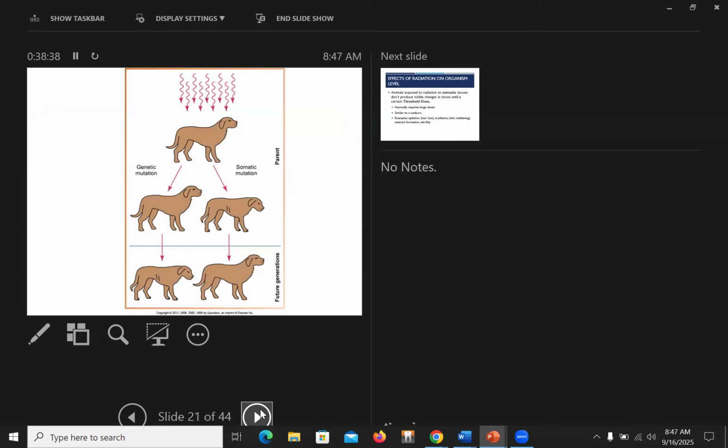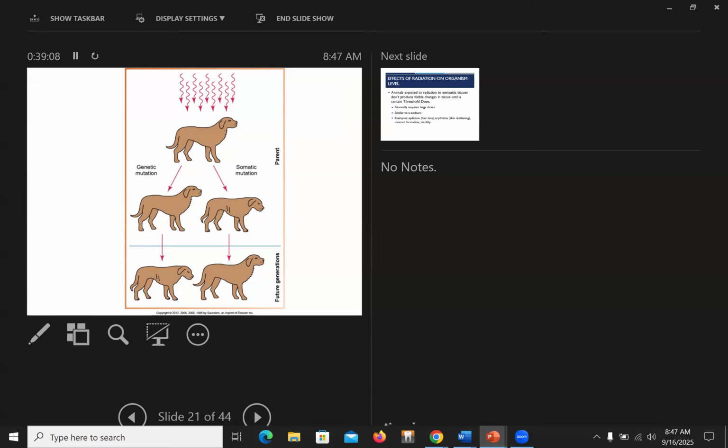And so this is just a little drawing. If the dog gets radiation and it's genetic, the dog might not even feel bad. Say some women have ovarian cancer and have to have radiation, they might not feel overly sick directly due to the radiation. Obviously, this is going to depend on a ton of different factors, and I would think they would feel sick, but just to try and make this make sense.